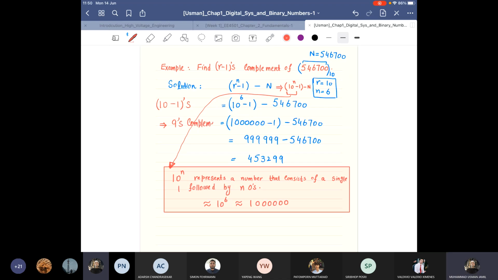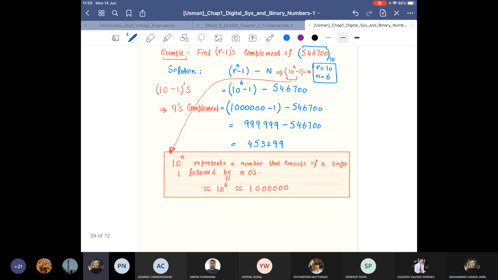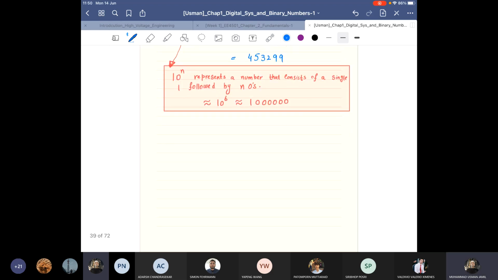Here we are trying to do the nines complement, which is R minus 1, because our R is 10 here. So if I ask you to find a nines complement, it means it is R minus 1's complement.